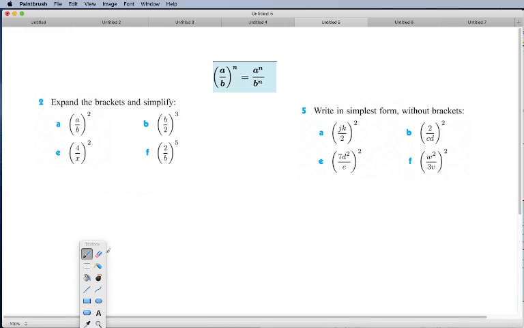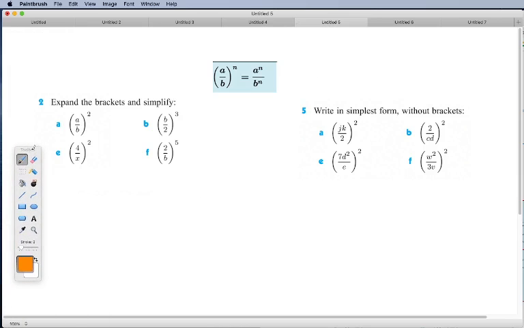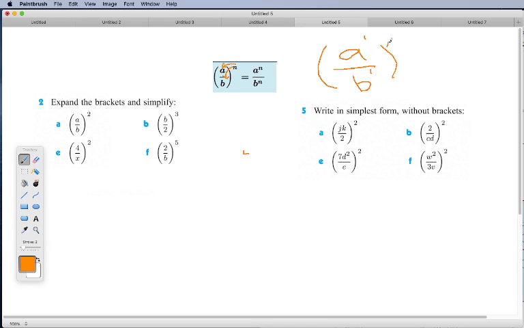Now here's a different rule that we have. And in this case, what we have is a and b, a fraction, and we have an exponent on the outside. And what we need to do is, once again, bring this n here into the a, but we should also bring it into the b here. So if I rewrite this up here, once again, I have a to the power of 1, b to the power of 1, or hidden 1s. And on the outside, we have n.